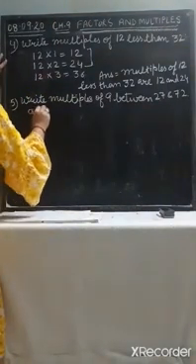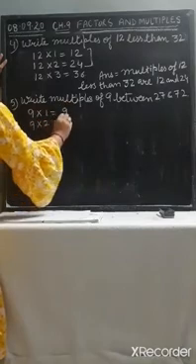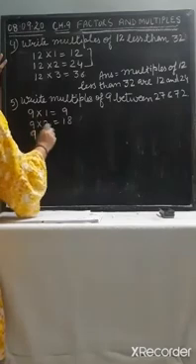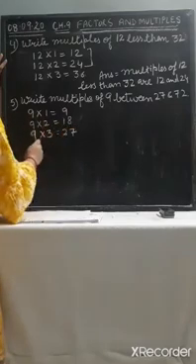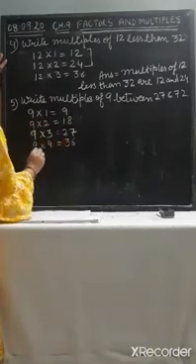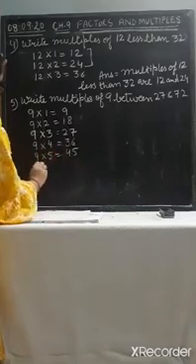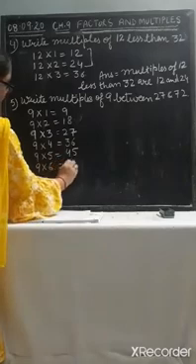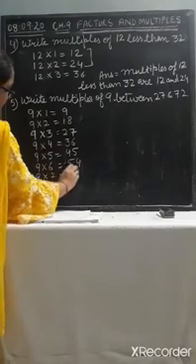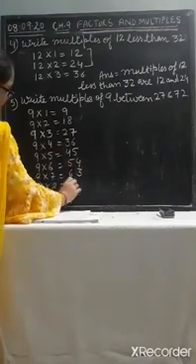Let us start. 9 ones are 9, 9 twos are 18, 9 threes are 27, 9 fours are 36, 9 fives are 45, 9 sixes are 54, 9 sevens are 63, 9 eights are 72.